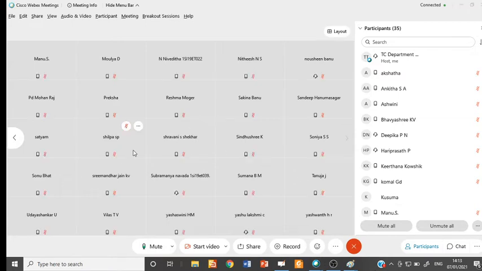What are all the values? Shulakshmi, what are you doing? Sonia?